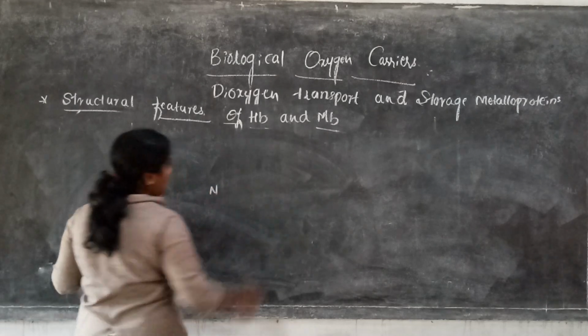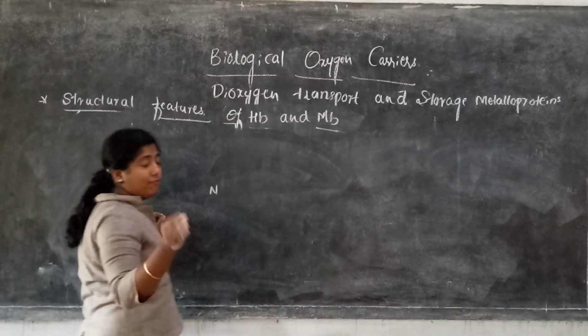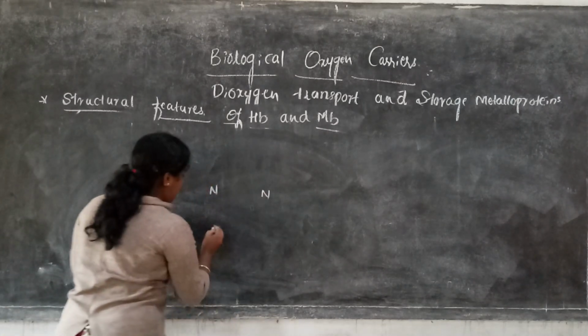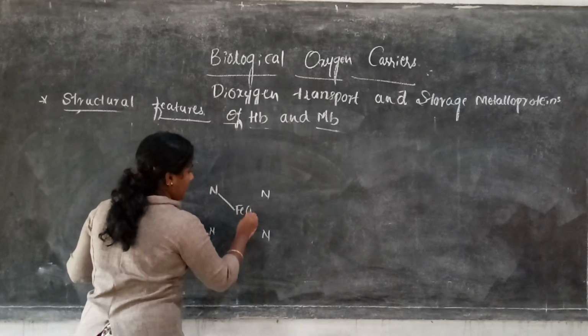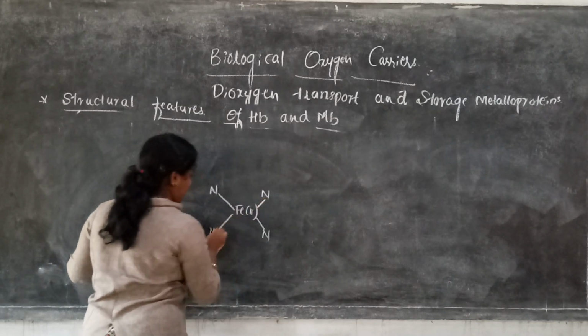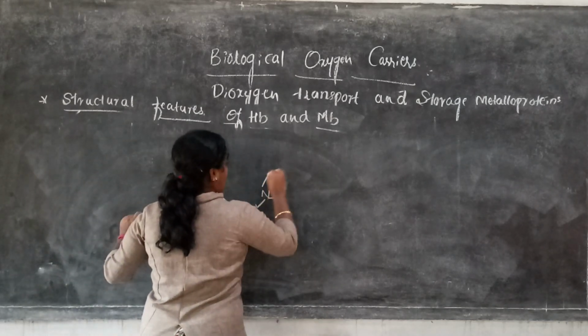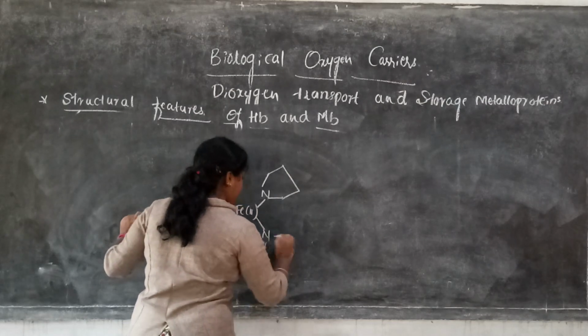Basically, we all know the basic unit is the iron protoporphyrin 9 unit, coordinated to which center? Iron. How many pyrrole systems does it have?